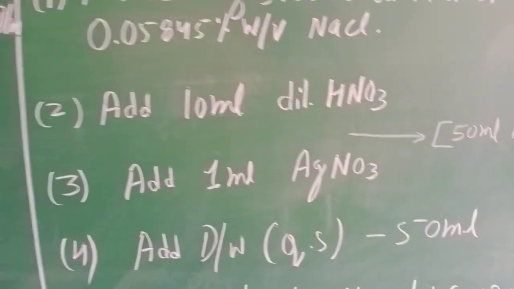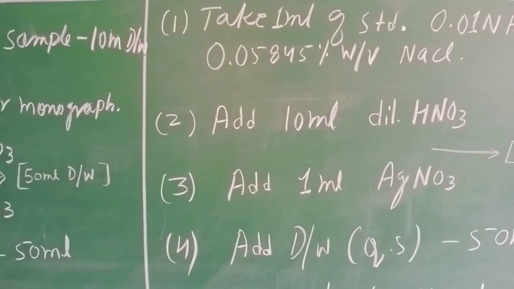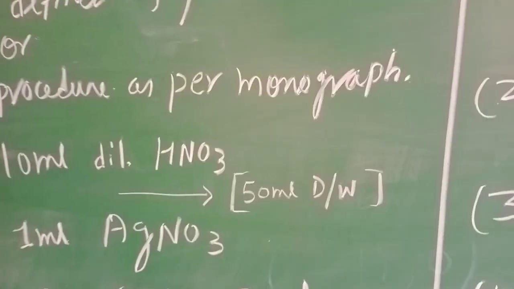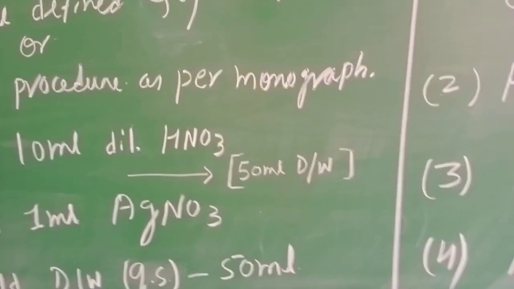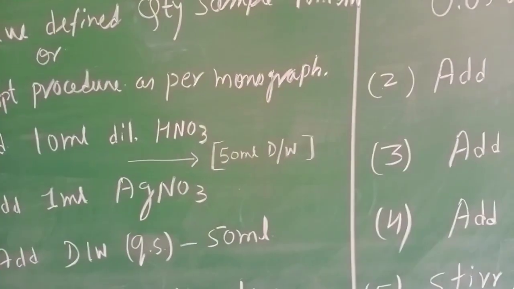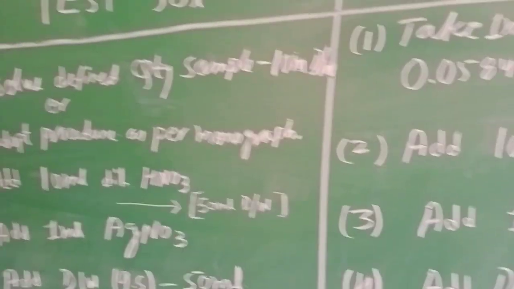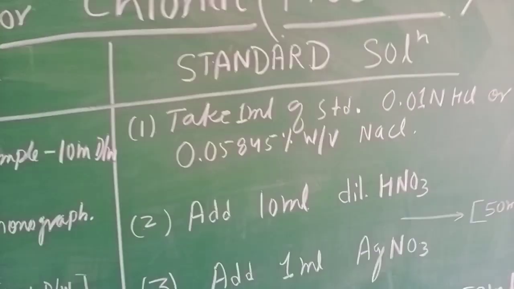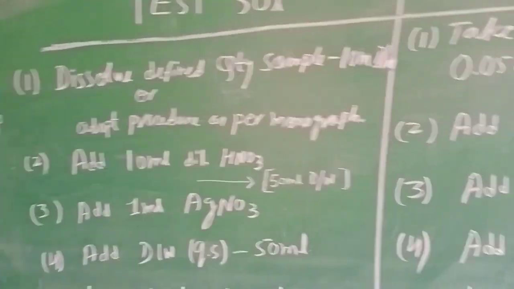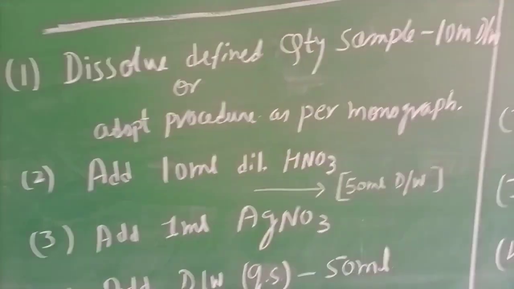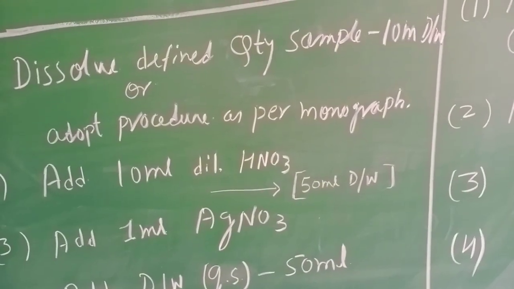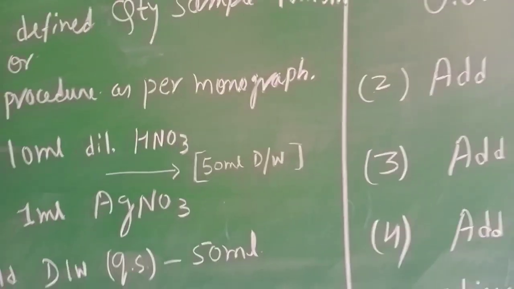So anyhow, at whatsoever step this particular distilled water is added, we have to keep in mind that the net volume produced by the test sample and the standard solution must not exceed 50 ml, which is the final volume of the Nessler cylinder.